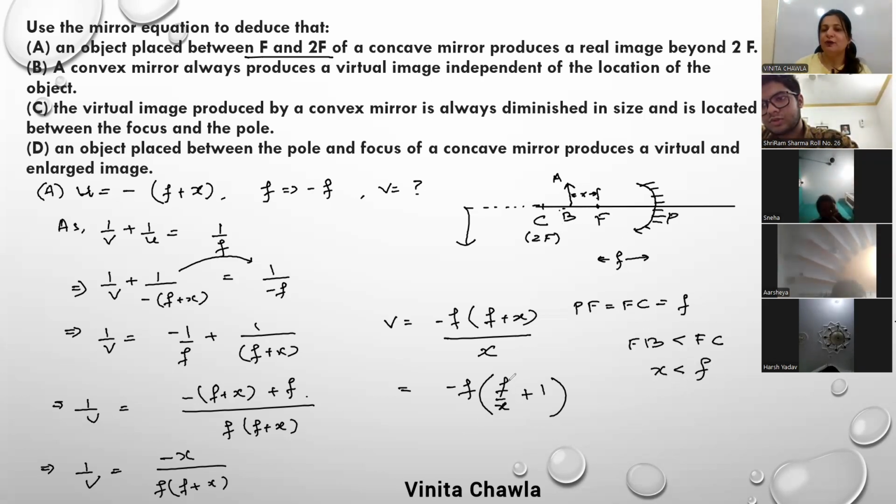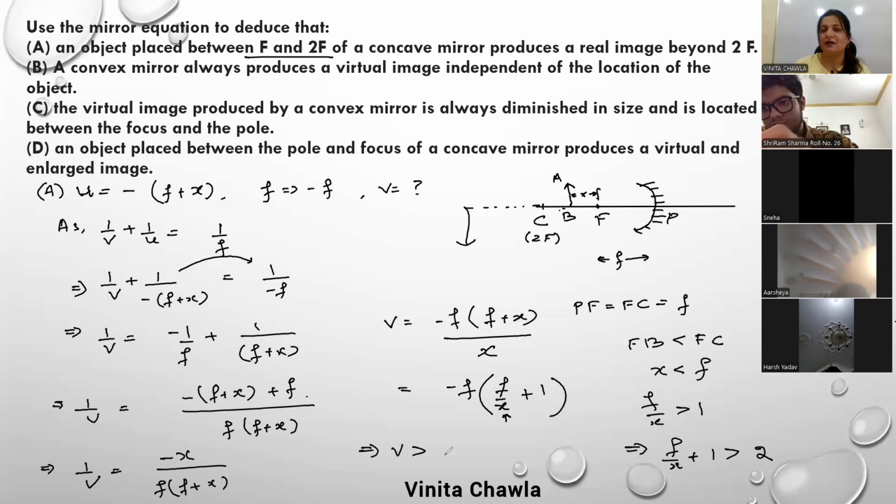Because x is less than f, f by x is greater than 1. So you are getting this fraction greater than 1, and f by x plus 1 is greater than 2. Add anything to 1 and it is greater than 2. So we can write v as greater than 2f.